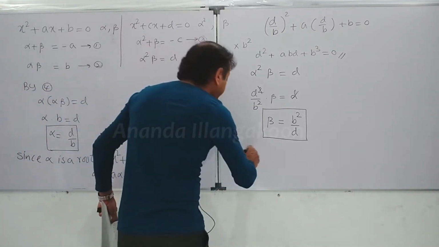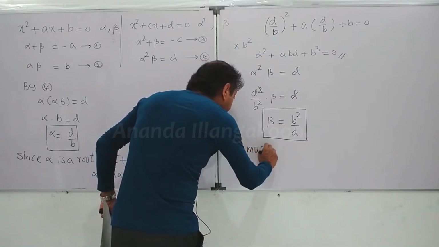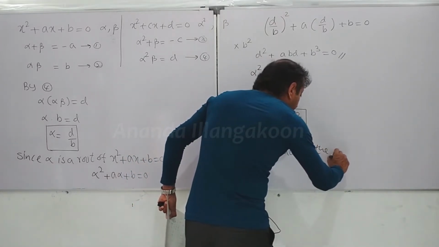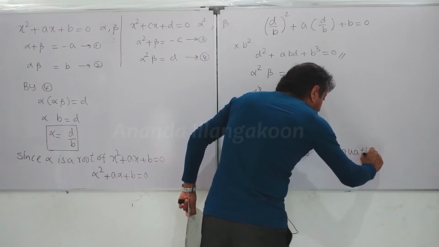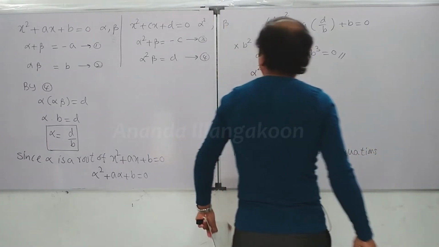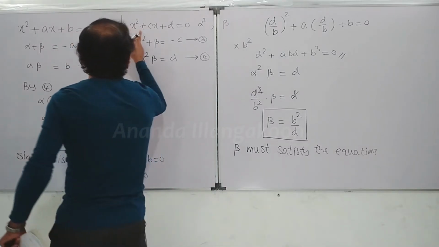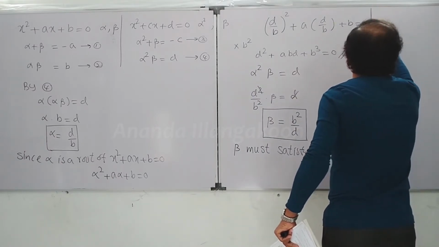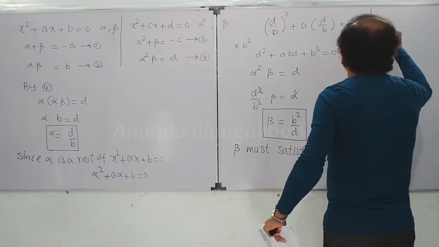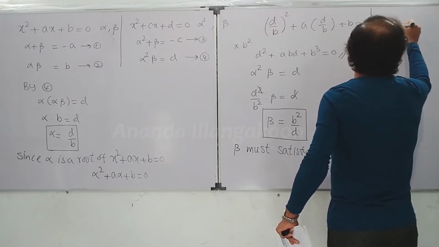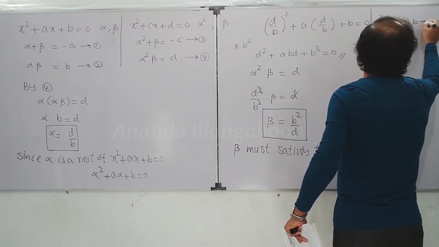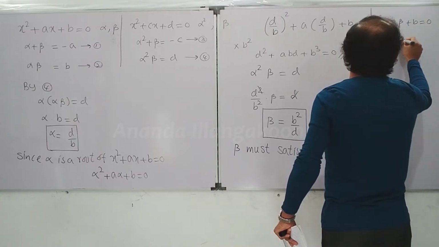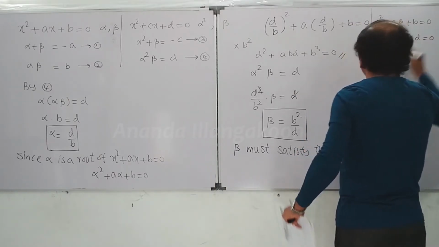Then substituting beta in this equation and in this equation, we get the two equations: beta squared plus a beta plus b equals 0, and beta squared plus c beta plus d equals 0.